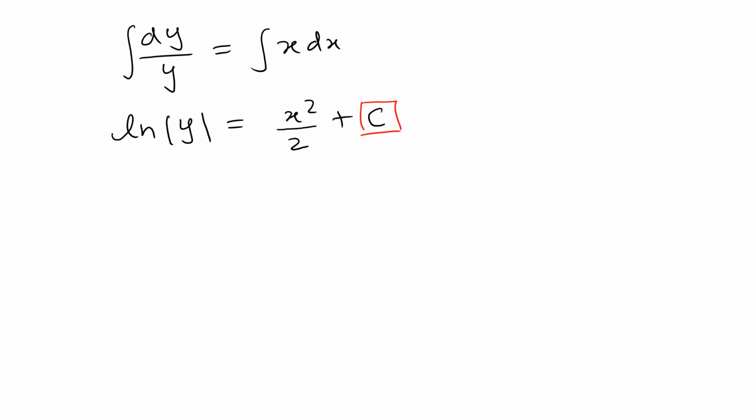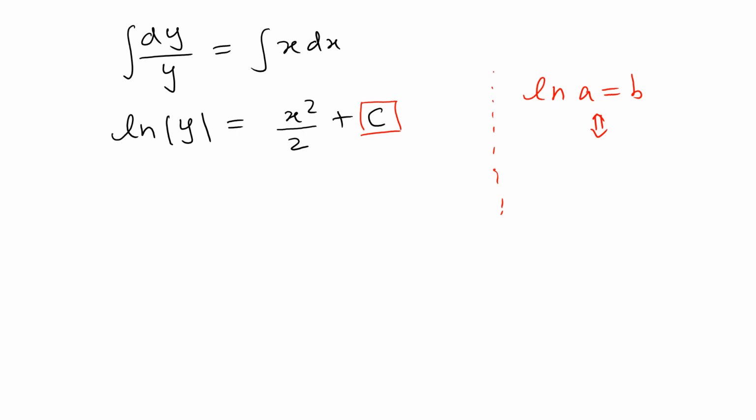Okay, and then we can isolate y. If possible, solve for y. In this case, you can solve for y. So what we do next is write this using the exponential function, because it's a log function. Remember this rule: if you have ln a equal b, the base is e.